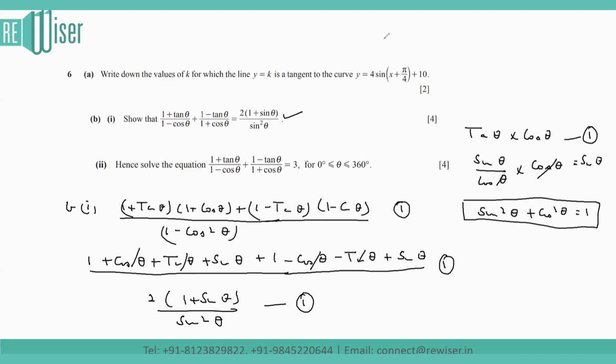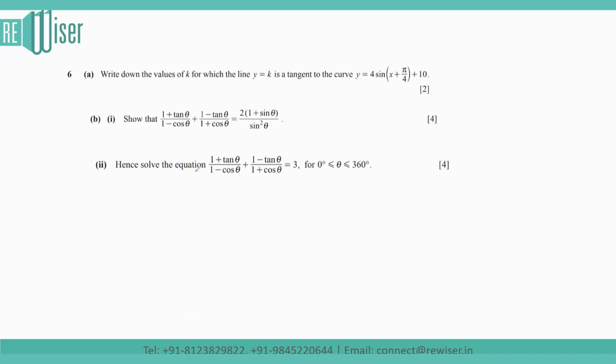Now moving on to 6B part 2, the question says, hence solve the equation (1 plus tan theta) by (1 minus cos theta) plus (1 minus tan theta) by (1 plus cos theta) equals 3 for theta lying between 0 and 360 degrees. So we can use the result which we have proved.